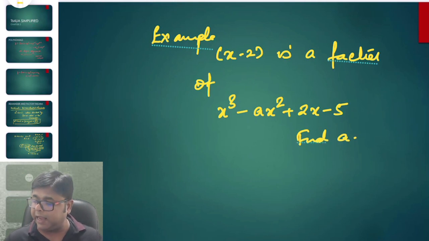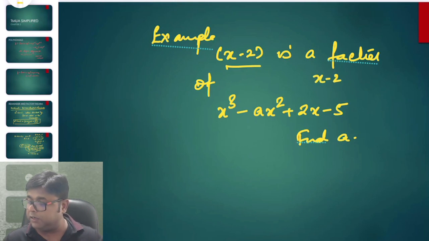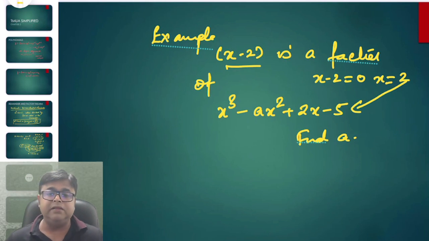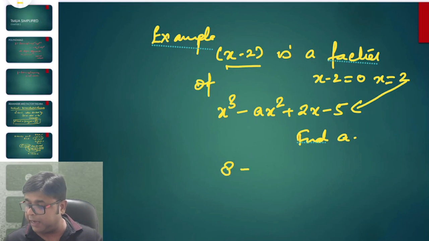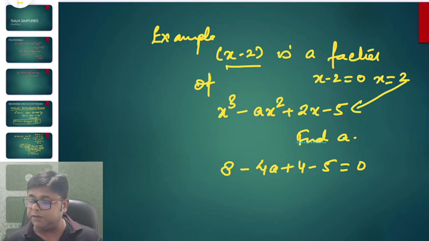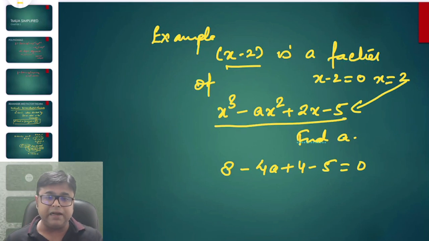Now to find this, I know that x minus 2 is a factor of this. So on putting x minus 2 as 0 and getting x equal to 2, if I put it here, the value of the remainder will be 0 since it's a factor. So if I put 2, I get 8 minus 4a plus 4 minus 5 equal to 0. In place of x I have substituted 2 and equated it to 0 since it's a factor.